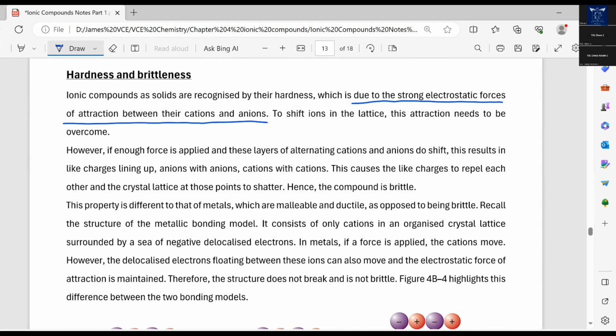If enough force is applied, then these layers of alternating cations and anions do shift. This results in like charges lining up, anion with anion and cation with cation, causing the like charges to repel each other, and then the crystal structure will shatter.